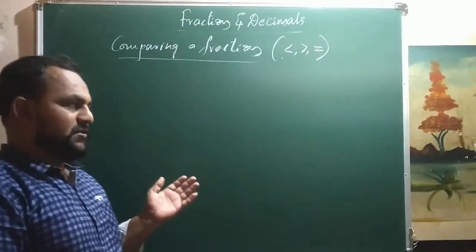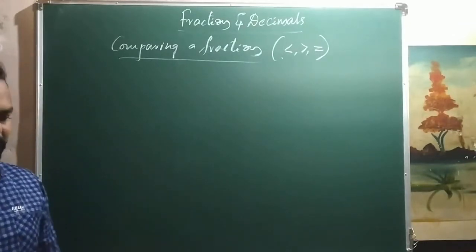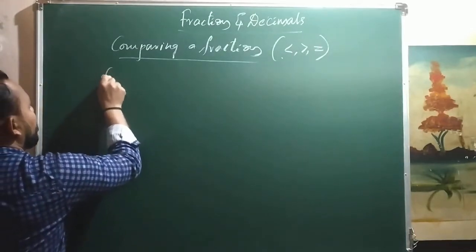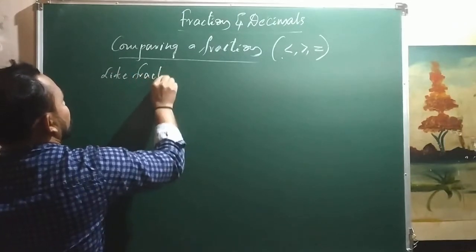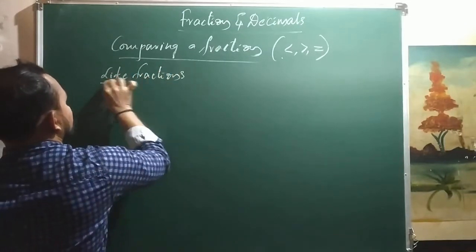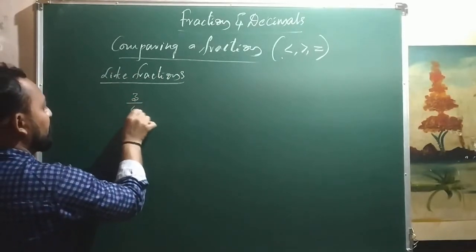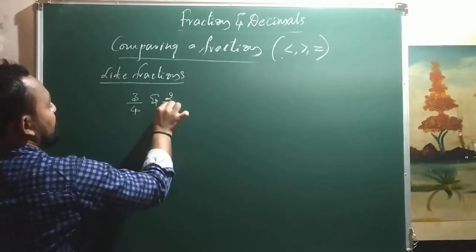In the previous classes, we studied like and unlike fractions. First, comparing like fractions. Take two like fractions, 3 by 4 and 2 by 4.